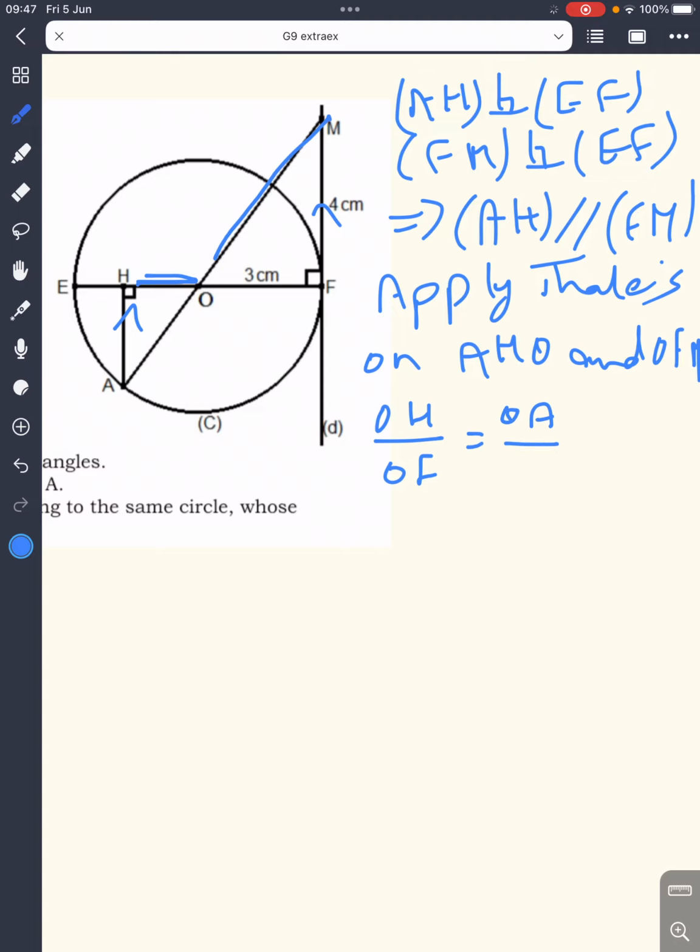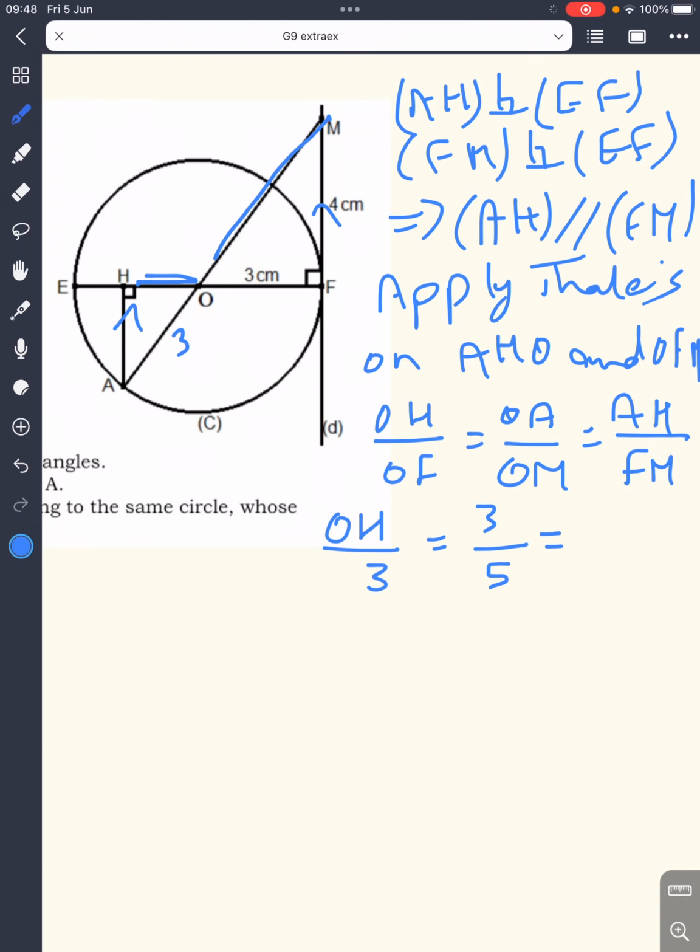Here I'm writing the smaller side above in the numerator and the bigger side in the denominator. OH, I don't know its value, so keep as it is, over OF, which is 3. OA is also 3, since radii of the same circle are equal, over OM, we calculated in the previous part, it's 5, equals AH, the unknown, over FM, which is 4 centimeter given.